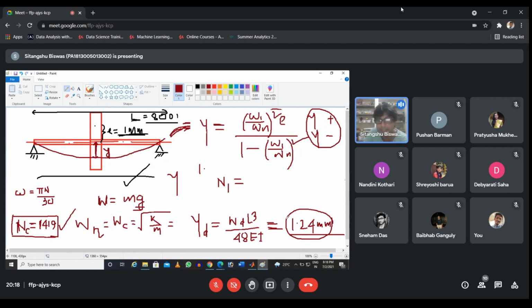Somebody take this value of the dynamic deflection as negative and find out n2. Sir, 110.56 omega 1, not n1, omega 1. Then find out what n1 will be.